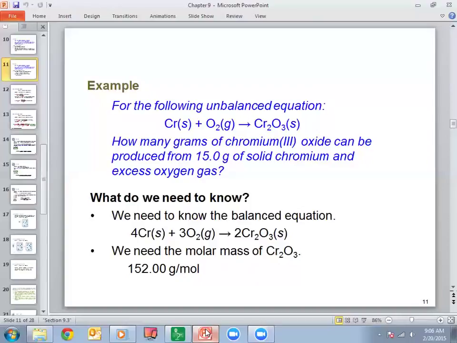Okay, so you have two of those, plus 3 oxygen. It's 152. Find out how we got that. Take two of those and see if it's calculated. The one day I didn't bring it. 51.